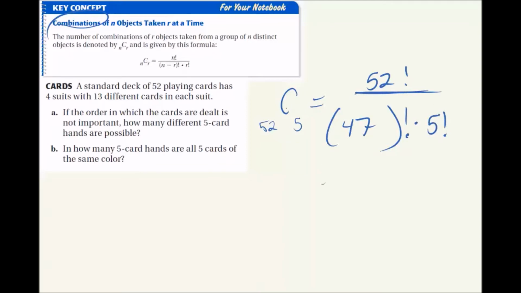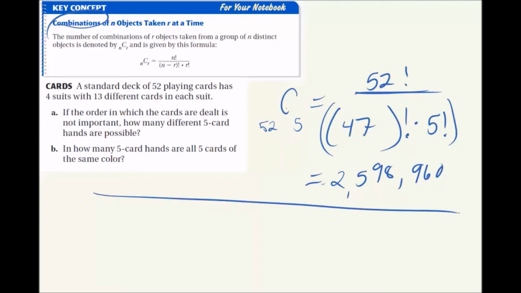Once again, when you plug this into your calculator, be sure you're using an obsessive amount of parentheses. You want 52 factorial on the top divided by 47 factorial times 5 factorial, and you should get an answer of 2,598,960 different combinations of 5 cards, which is actually pretty surprising to me. I didn't know that for a 5-card hand in poker, there could be more than 2 million options.